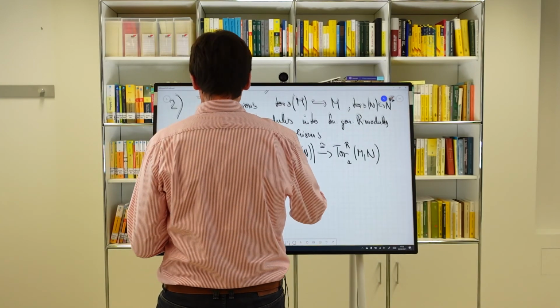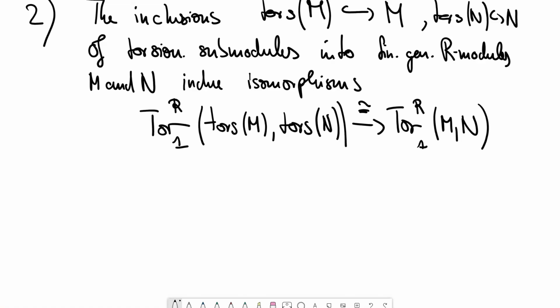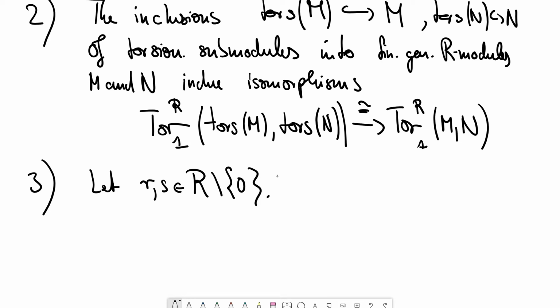And finally, a concrete computation. So let r and s be non-zero elements in our ring. And let d be the gcd of r and s. So also in a principal ideal domain, that makes sense.